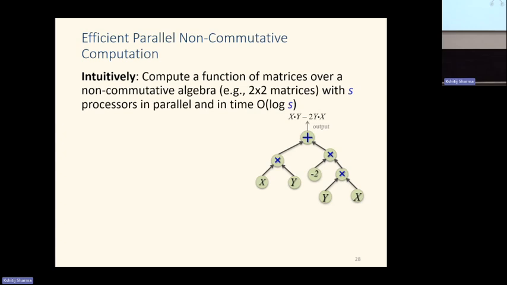So intuitively, non-commutative computation is basically working with, let's say, the following: compute a function of matrices over a non-commutative algebra, let's say 2 by 2 matrices, with S processors in parallel and in time that is logarithmic in S, the number of processors. It's a very, very straightforward computational model, only that it is algebraic and it is non-commutative.